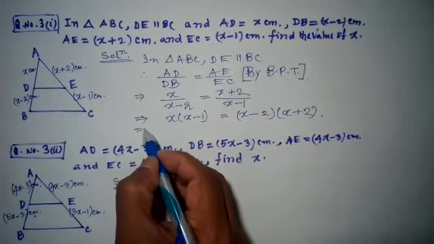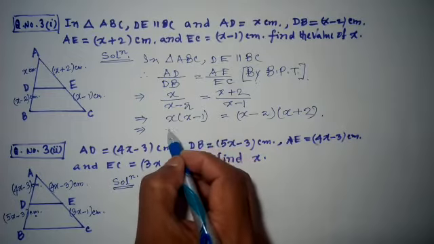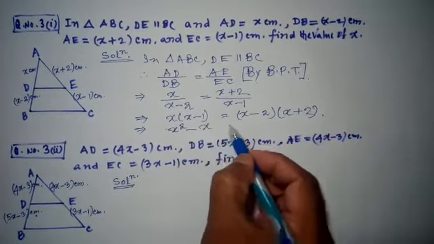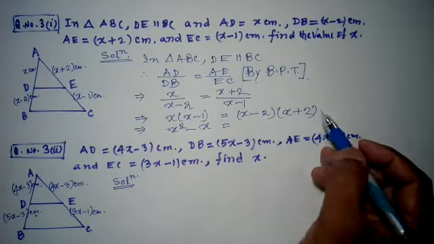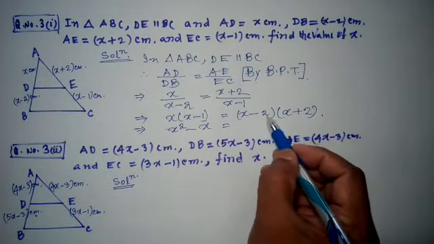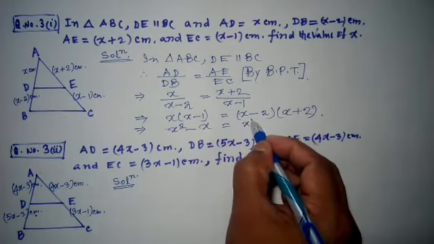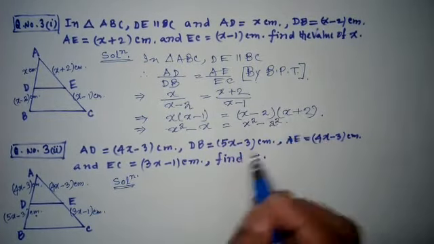Then next line will be multiply this by x, x into x, it is x square, minus x into 1, it is x, is equal x minus 2 multiplied by x plus 2. We can use the formula a minus b into a plus b. It is a square, it is x square, minus b square is 2 square.